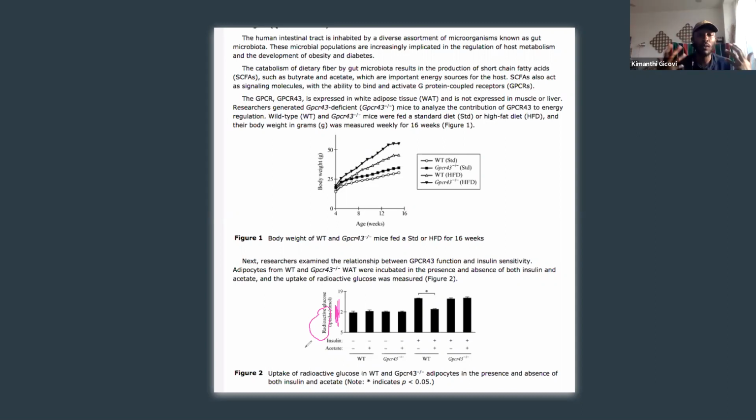So if you're a smart researcher or smart MCAT maker, you're gonna radio label whatever it is that you know has to be uptaken into the cell in order to estimate how much whatever cell process is in there is going on. So why does that relate to content and passages?